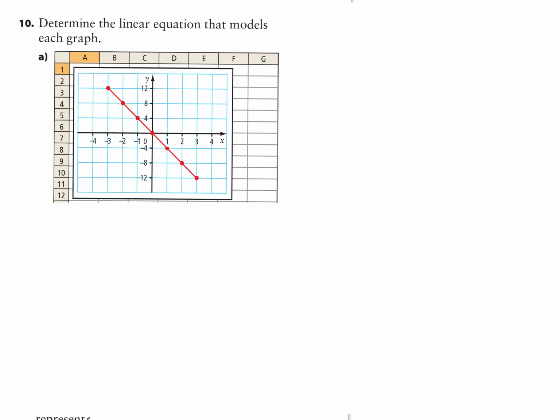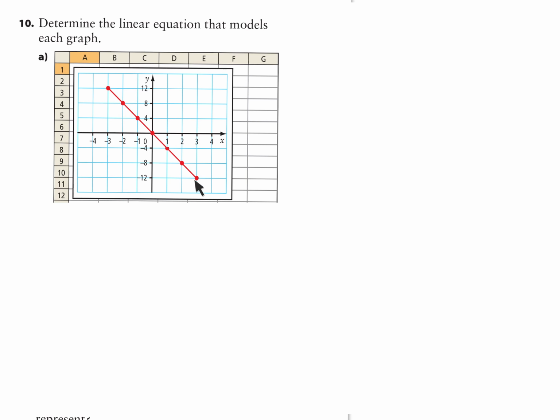Today we're going to be talking about how to go backwards from the last thing I taught you. Last time I gave you an equation and asked what its graph looks like. Now we're going to go backwards. Here's a graph I've given you. Pretty cool looking, okay?